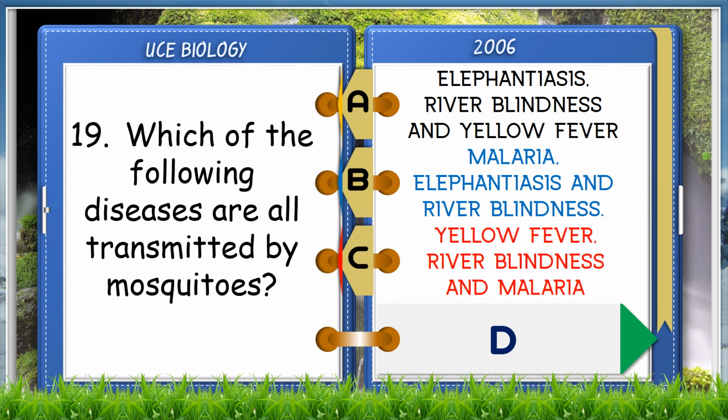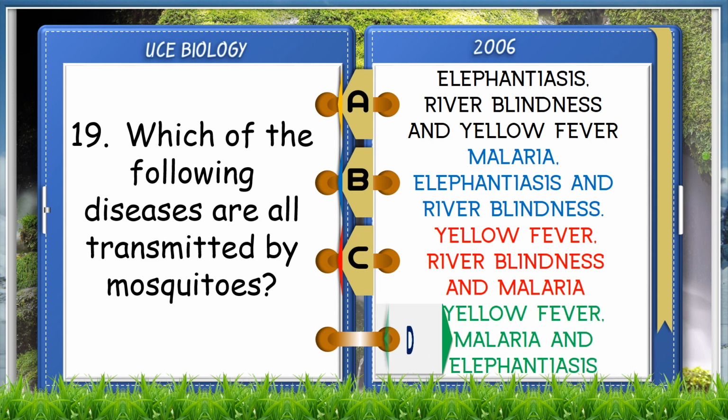C. Yellow fever, river blindness, and malaria. D. Yellow fever, malaria, and elephantiasis. The answer is D. Yellow fever, malaria, and elephantiasis.